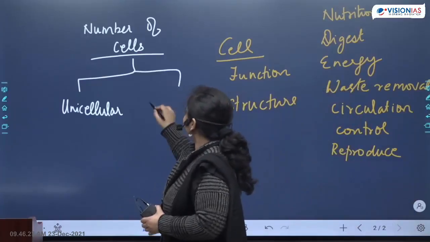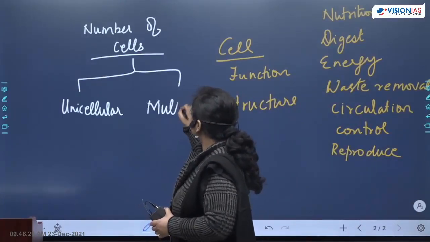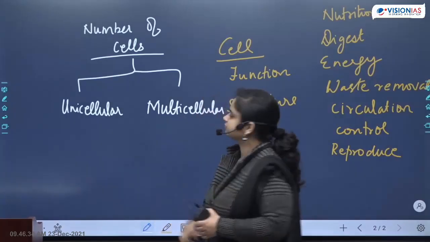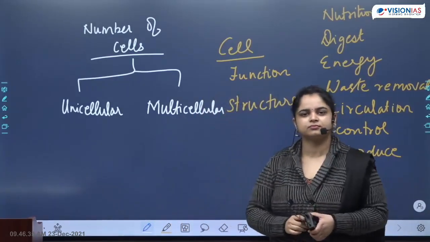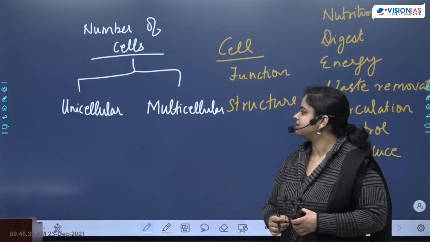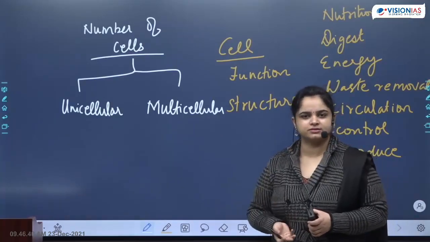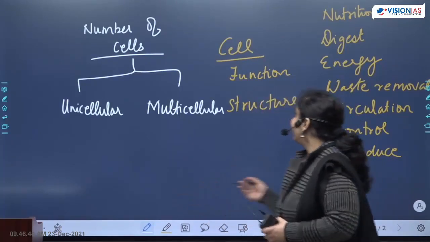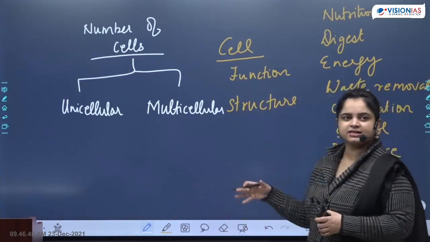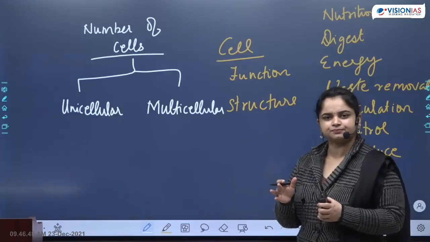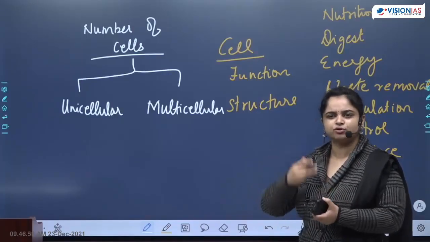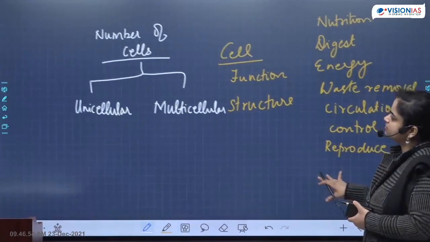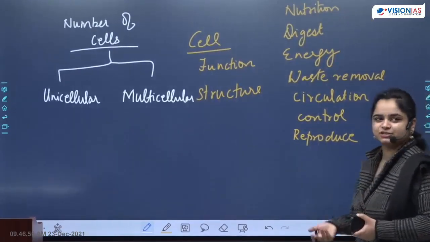Then we have multicellular. Multicellular means more than one cell. So in this, what can happen is that all the cells will do the basic functions which they're supposed to do, and there is also a possibility of specialization.